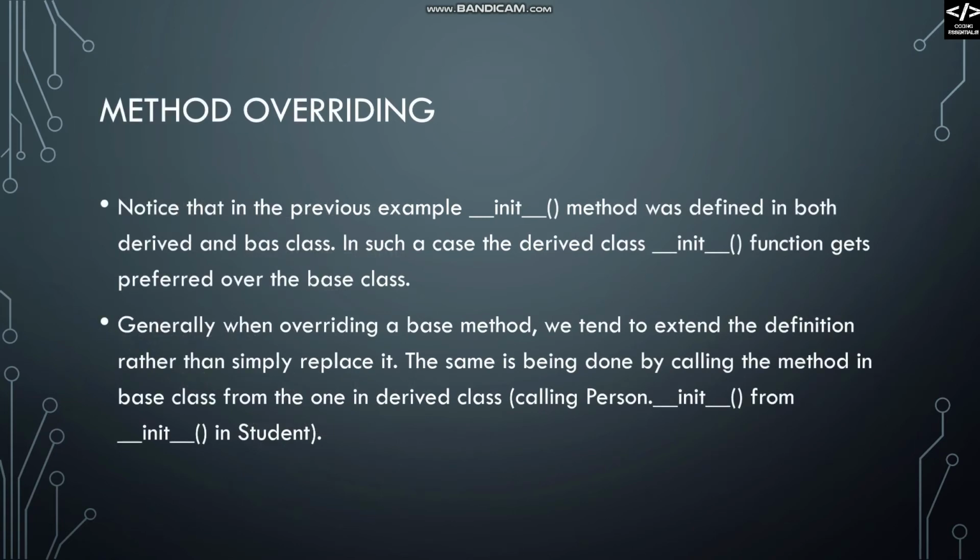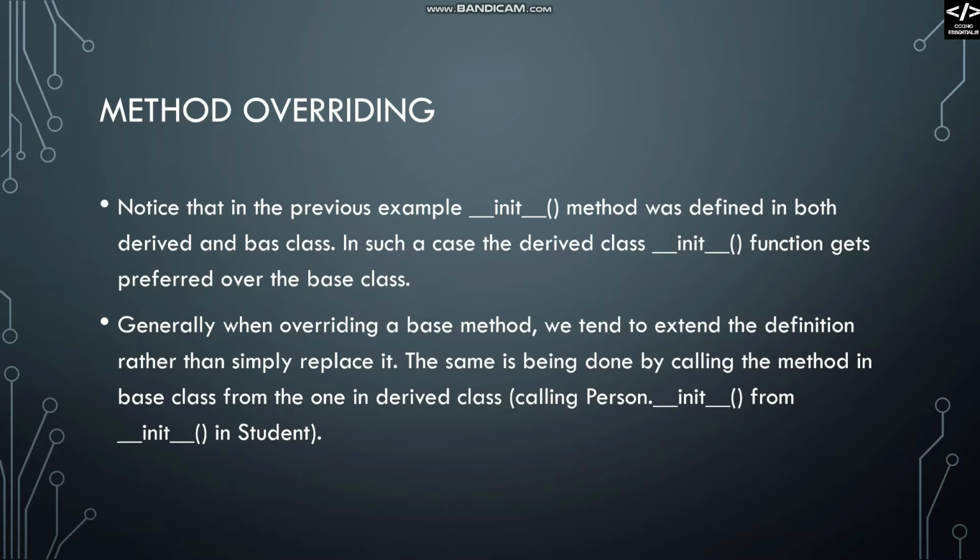Moving on to method overriding. So notice that in the previous example, the init function or method was defined in both the derived and base class. In such a case, the derived class init function gets preferred over the base class.